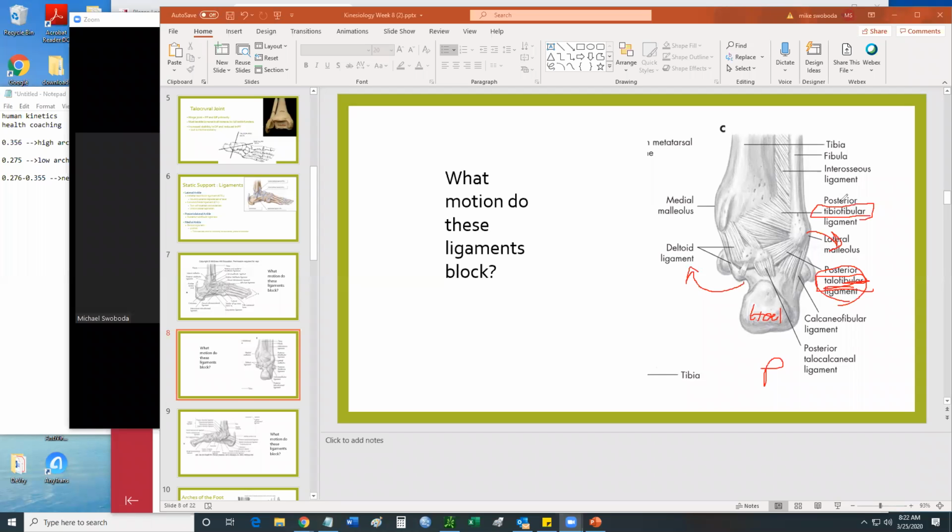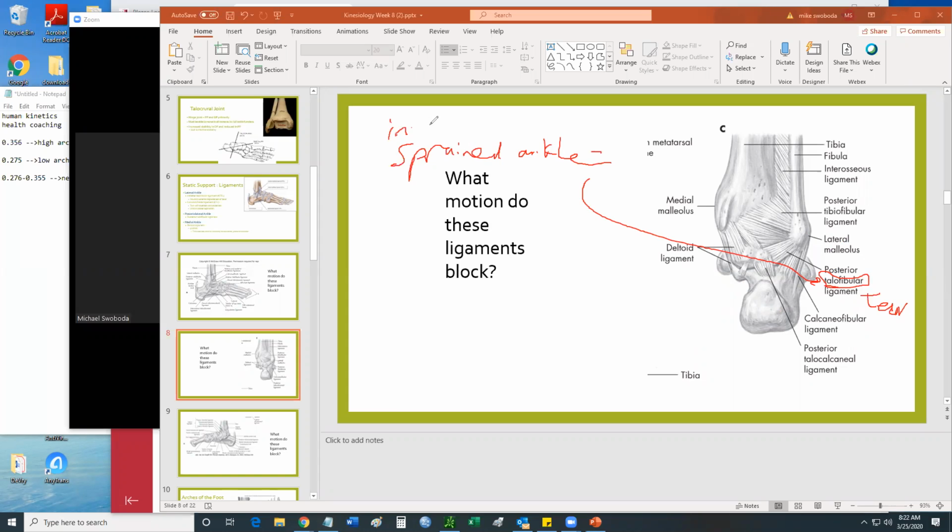Whoops, sorry, not the tibiofibular ligament. But sprained ankle equals talofibular tear.